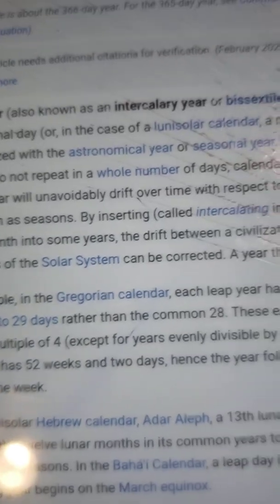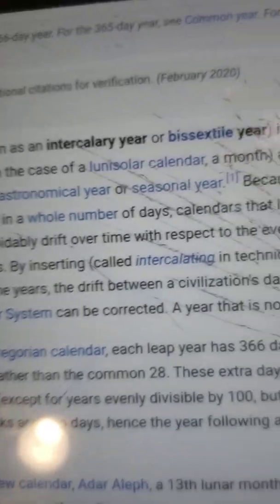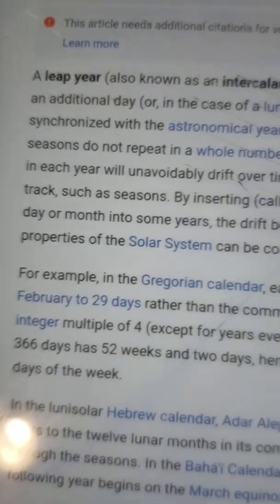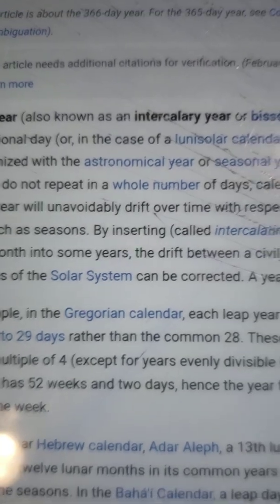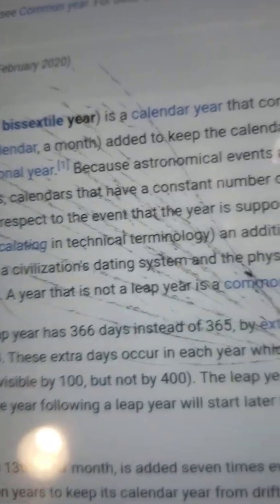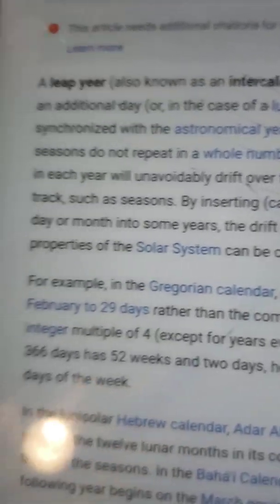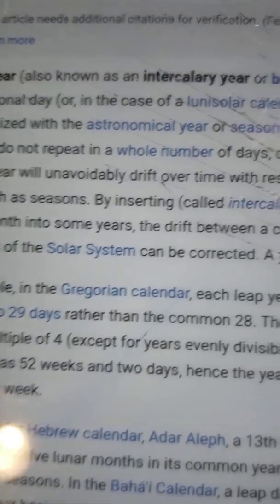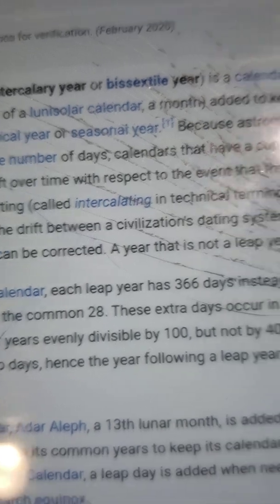A leap year, also known as an intercalary year or bisextile year, is a calendar year that contains an additional day, or in the case of a lunisolar calendar, a month added to keep the calendar year synchronized with the astronomical or seasonal year.